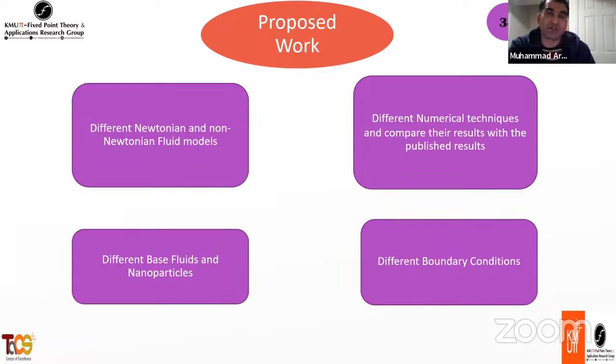The researchers who are working in this area can extend the present research by considering different Newtonian and non-Newtonian fluid models, like they can consider the Oldroyd-B fluid model, the Casson fluid model, the Maxwell fluid model, and similarly they can solve it by using different numerical techniques and compare their results with the published results.